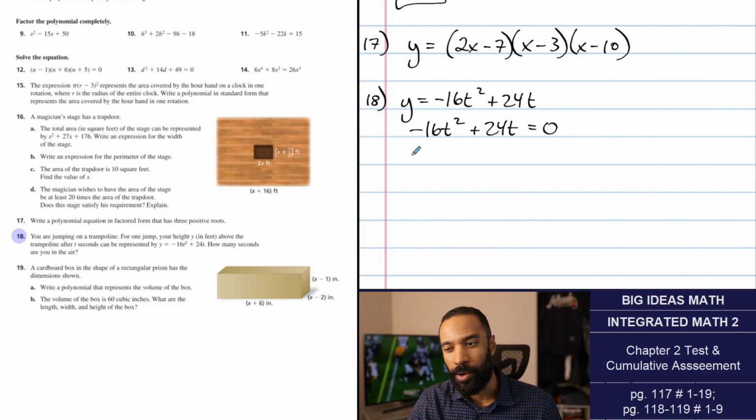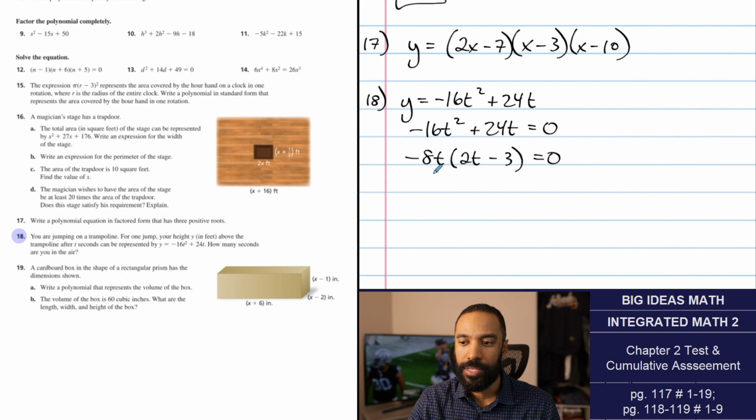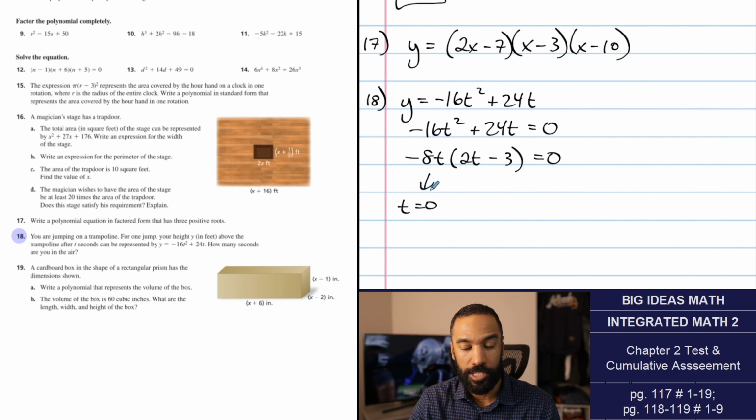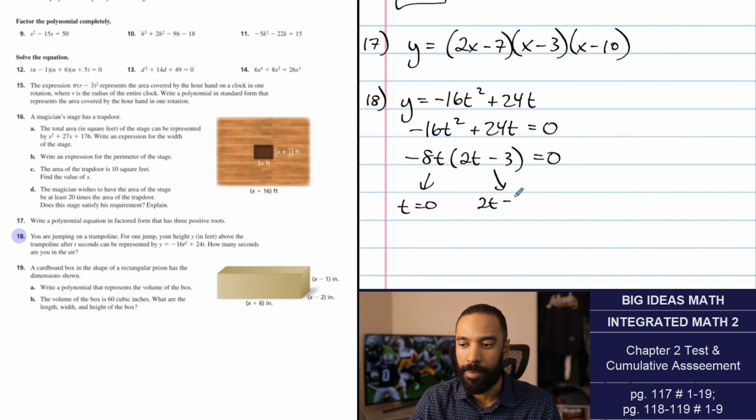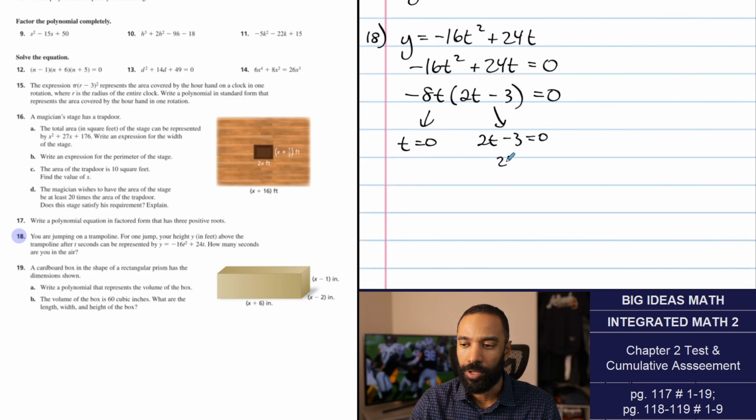I can factor out a negative 8t, and I'm left with 2t minus 3. If negative 8 times t equals 0, t equals 0 is one of the answers. And that's totally valid. We need that information. Then if 2t minus 3 equals 0, we add 3 and divide by 2, and you get 3 over 2.